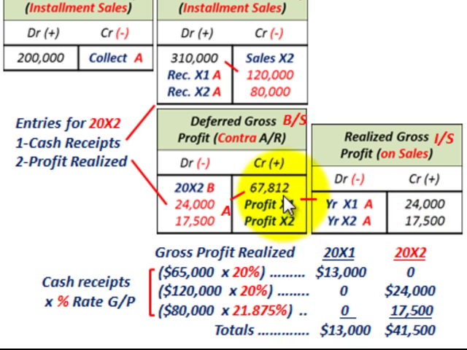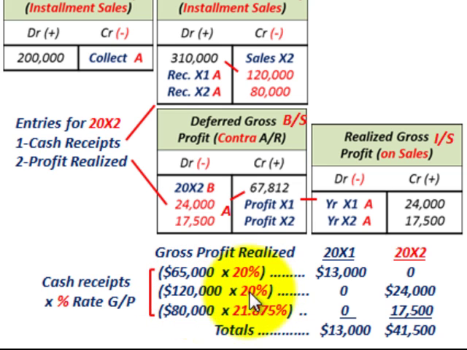So you see what we're doing here. All we're doing is getting to the point where we recognize or realize our gross profit on the sales. We're looking at year 20x2, but we had cash receipts on the 20x1 sales, and then we had to use that 20x1 gross profit rate, and we also had cash receipts in 20x2 on 20x2 sales.